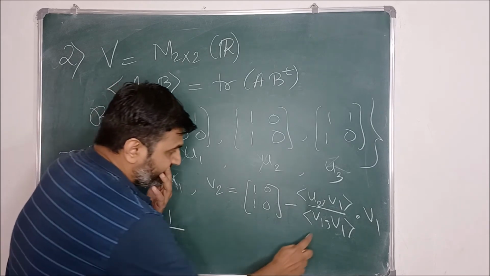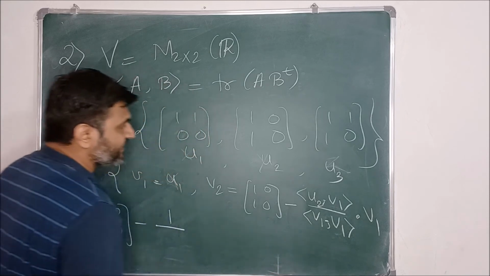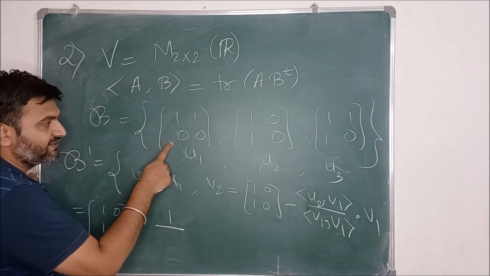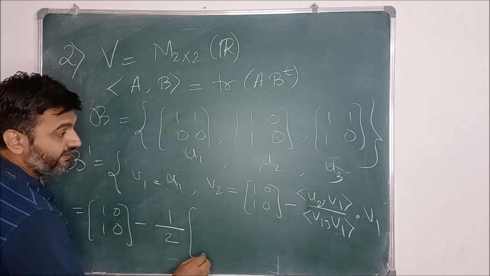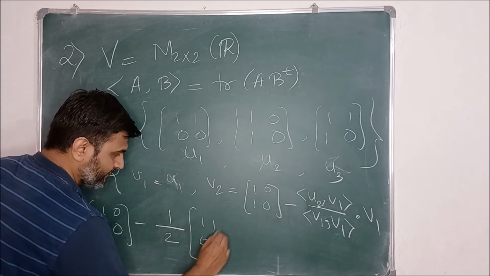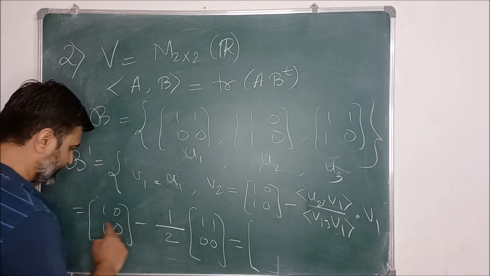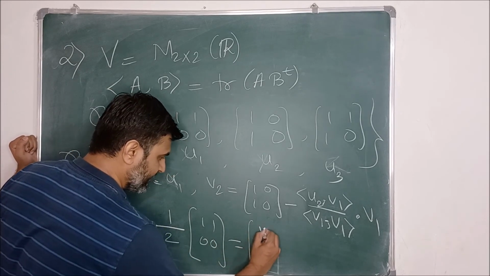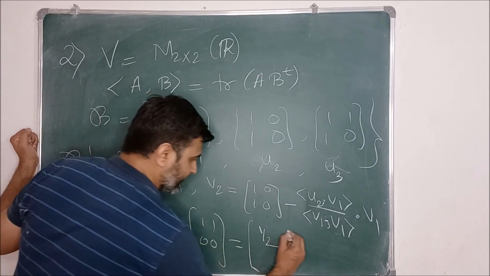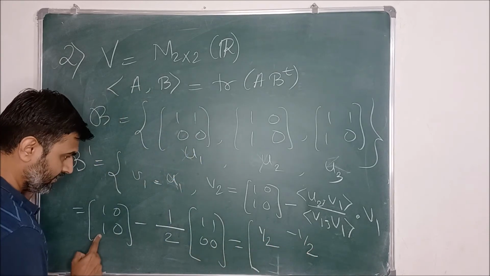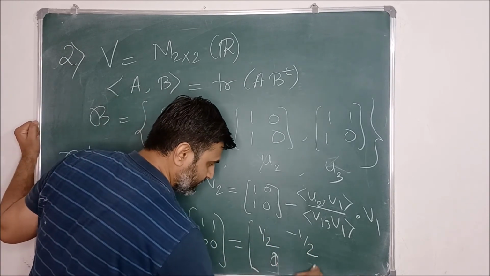Okay. V1 dot V1 means V1 into V1 transpose. So 1 into 1 plus 1 into 1, this will be 2. And here again V1, [1 1; 0 0]. So when I subtract this, I have 1 minus half is half, 0 minus half is minus a half, and then 0 0.